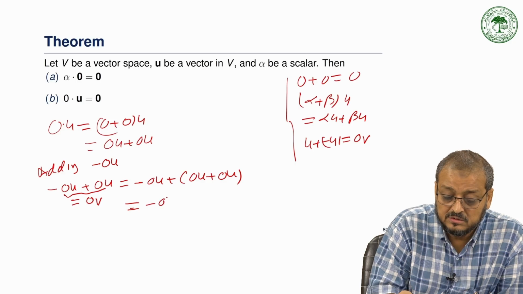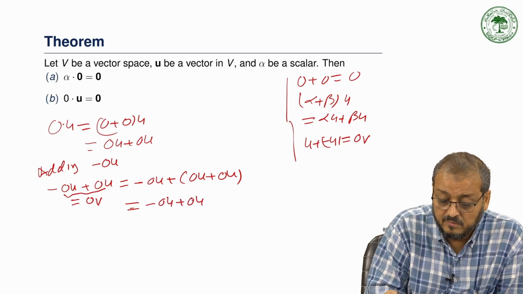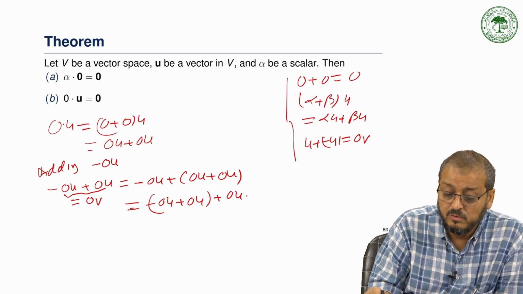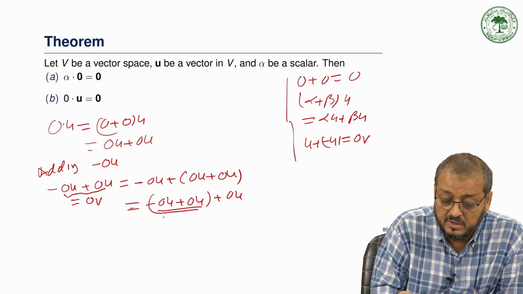So, this is minus 0 of U plus 0 of U, plus 0 of U, and again this quantity is equal to 0 of V.